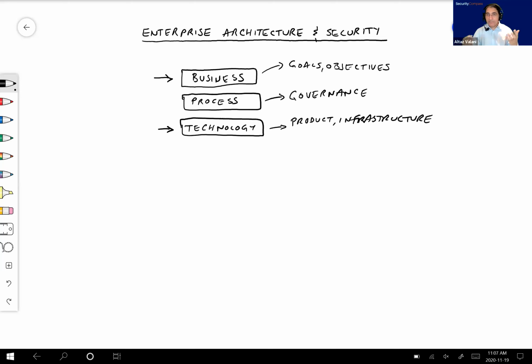Cloud enablement was a big thing. Mobile was a big thing. So the technology landscape is continually evolving as we go forward, and the business side is moving as well. So two of these layers are now moving very, very quickly. And of course, when we look at enterprise architecture, our objective should be to bring alignment between these two.